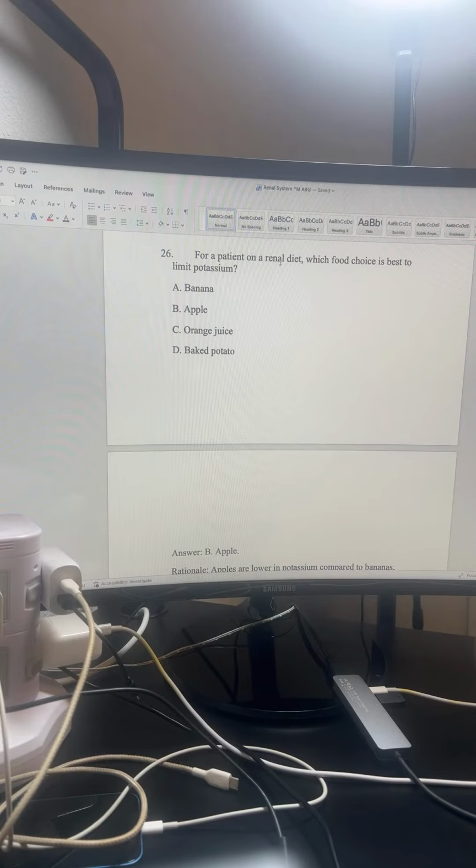For a patient on a renal diet, which food choice is best to limit potassium? Which one would you avoid? Still sounds weird, right?